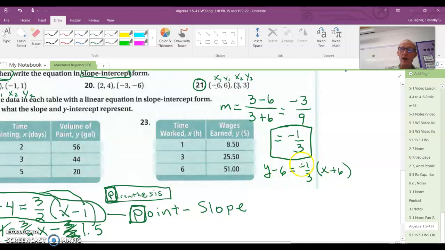To solve for y, you have to use the same thing. You have to distribute. So y minus 6 is equal to negative 1/3 x, okay, minus 2. And then if you add the 6, your final answer is y equals negative 1/3 x plus 4.